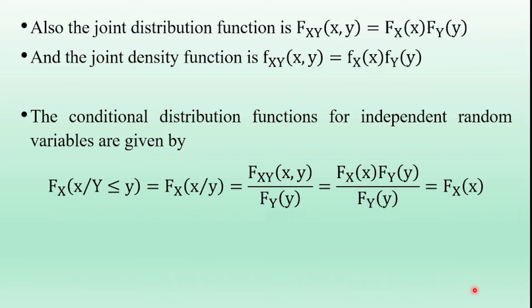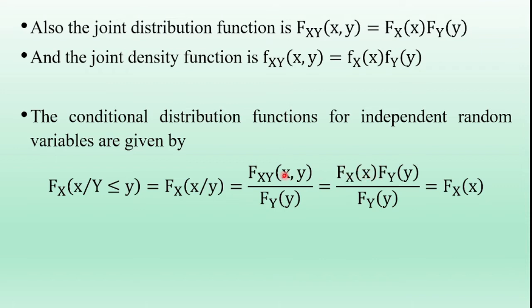The conditional distribution functions for independent random variables are given by F_X(x | Y less than or equal to y), also denoted simply as F_X(x|y), which is equal to F_XY(x,y) divided by F_Y(y). Using the statistically independent random variable condition, the joint distribution function is equal to the product of their individual distribution functions.